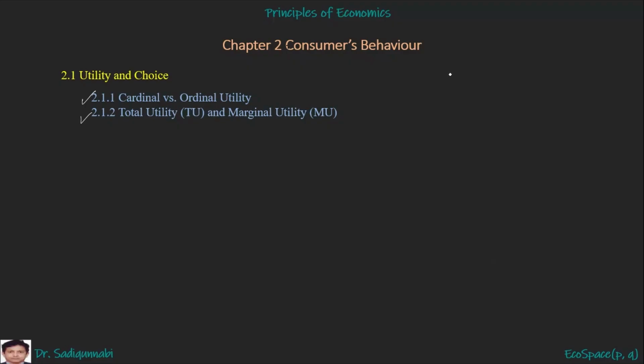When you consume the first apple, suppose you have taken one apple, and you are getting 10 utils. We are talking about the cardinal utility.